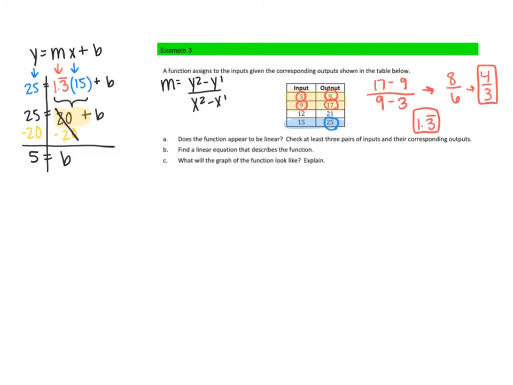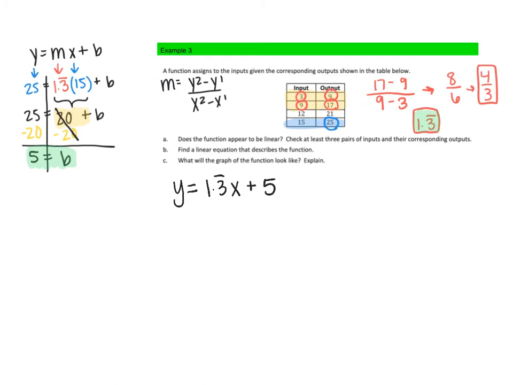So now I know what my m is, I know what my b is, and I can write this as an equation. Okay, there's my b, there's my m. So I'm going to write my equation out in the format of y equals mx plus b. Y equals 1.3 repeating x plus 5.